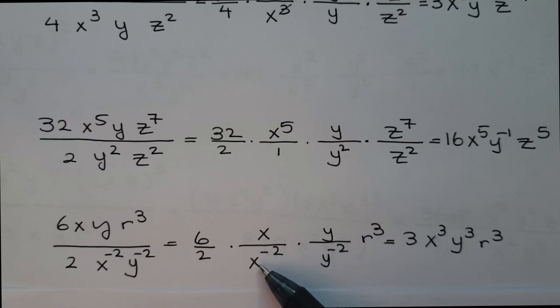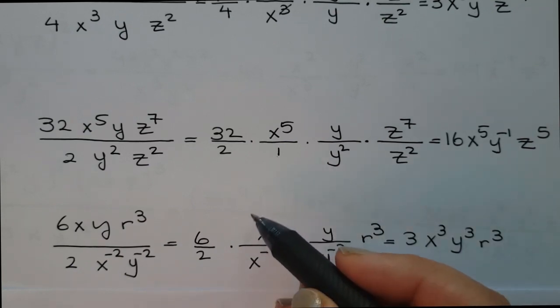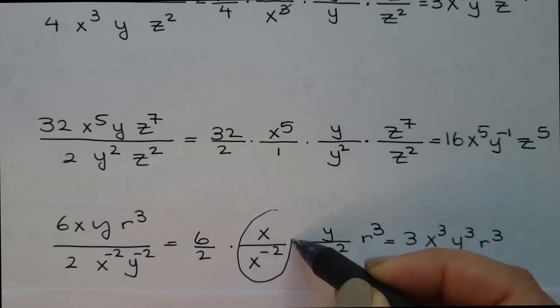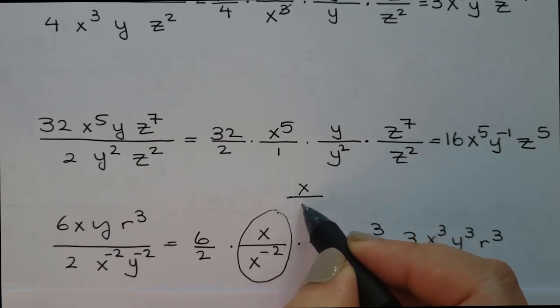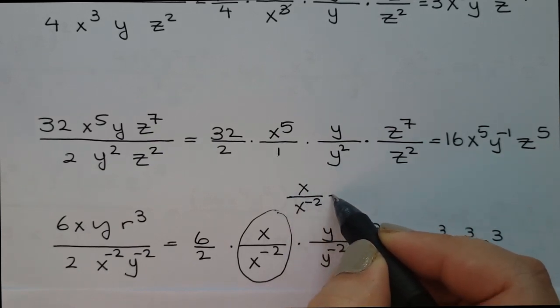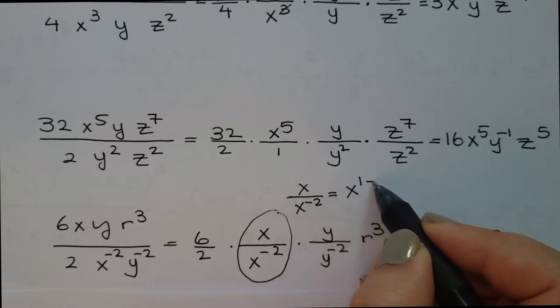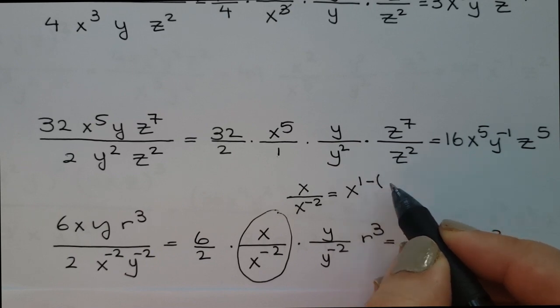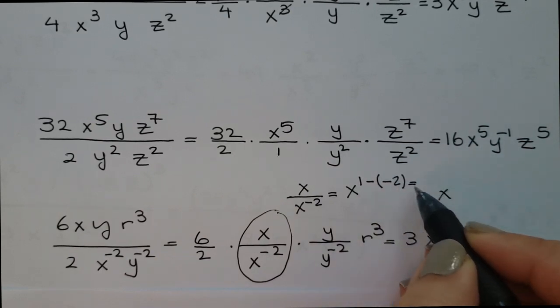So this negative 2, when it comes to the top, right? So for this one, let me explain it a little bit more. So x over x to the power negative 2, I can either say x to the power 1 because it's a division. So the exponents would be subtracted from one another.